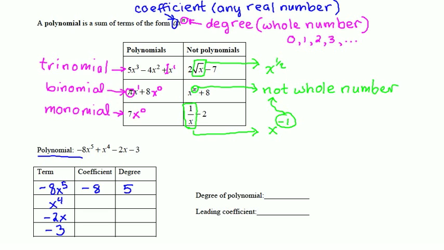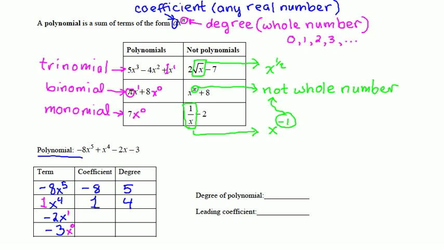When both of them are explicitly written, it's not very difficult to identify them. Looking at the term x to the 4th, that would be an implied 1 as the coefficient. So this would have a coefficient of 1 and a degree of 4. Looking at the next term, -2x, this is an implied power of 1, whereas the final term, -3, is an implied power of 0.